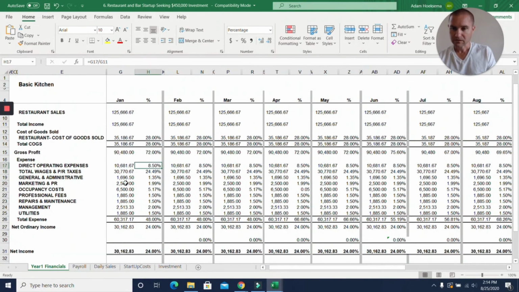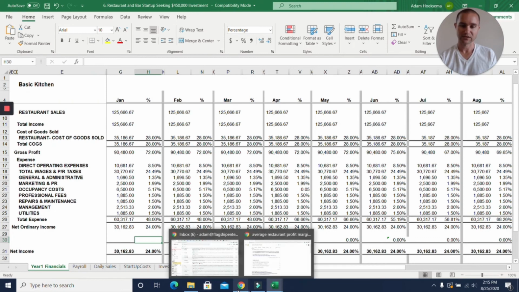So the first thing I noticed when I took a look at this, I was looking straight at the bottom line, and I saw a 24% profit margin is what was being projected on a monthly basis here. And that seemed pretty high to me.